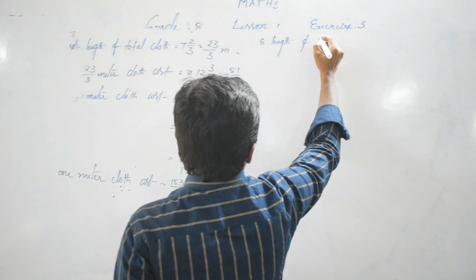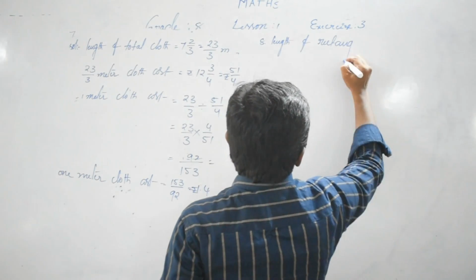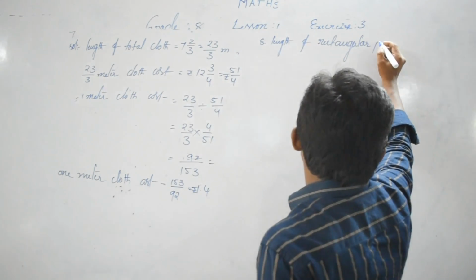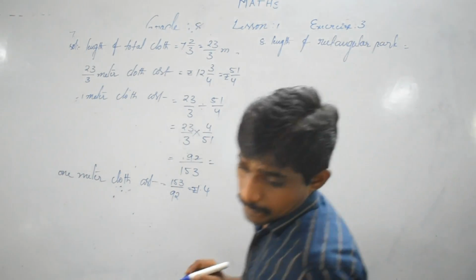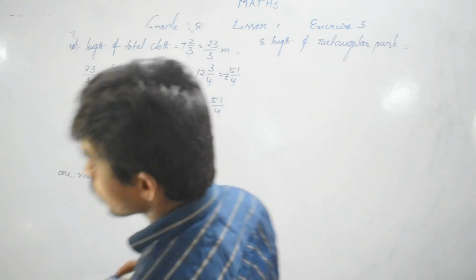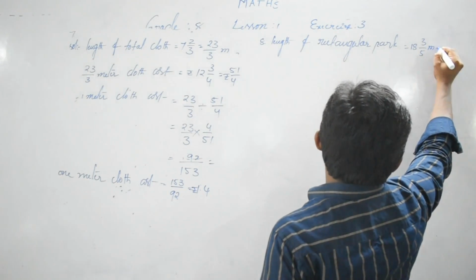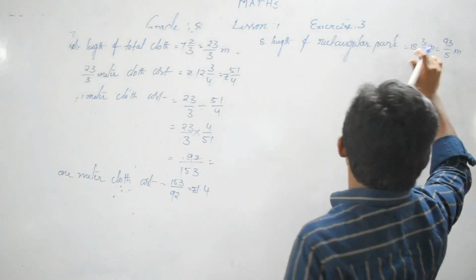Length of the rectangular park, how much? 18 3 by 5 meters long. So 93 by 5 meters.